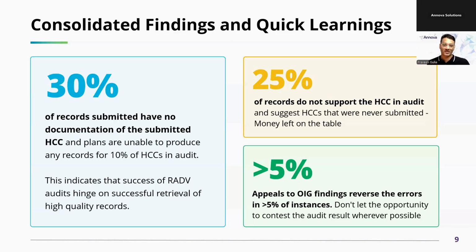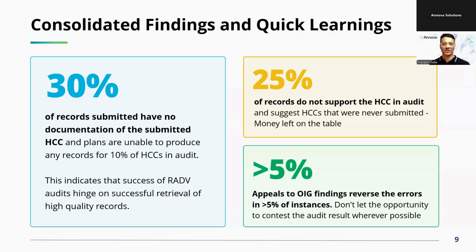That is what the data shows us, that don't shy away from contesting the audit. If you are fairly confident that your HCC has supporting documentation, do contest it, even if the preliminary findings say that the HCCs are unsupported. Do contest it, because we have seen the data supports that in greater than 5% of cases, CMS will accept your appeals and they will reverse their decisions.